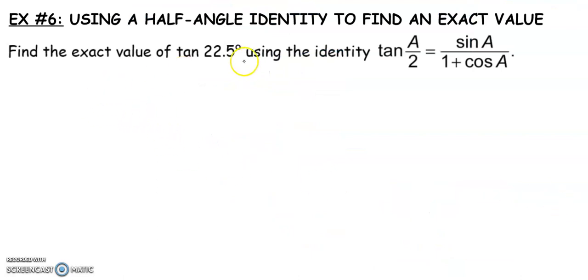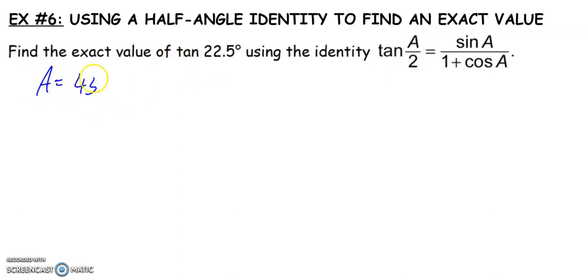Let's find an exact value for tangent of 22.5. Now 22.5 is definitely not an angle on my unit circle. So we need to figure out what a is. What number divided by 2 is 22.5?